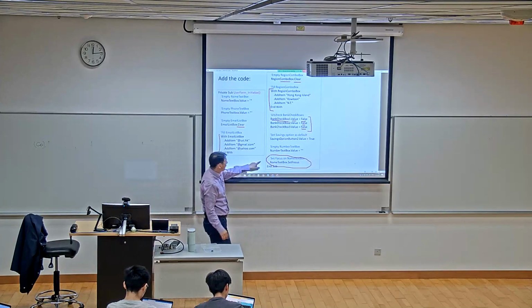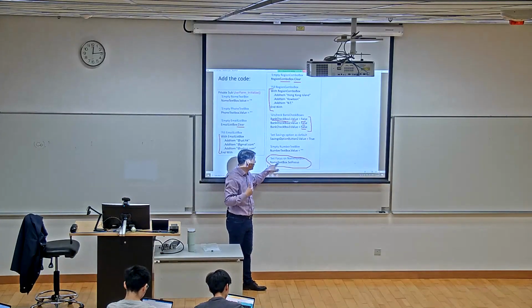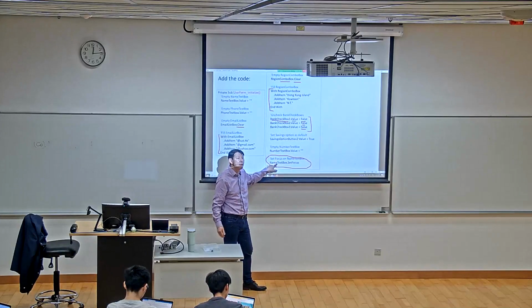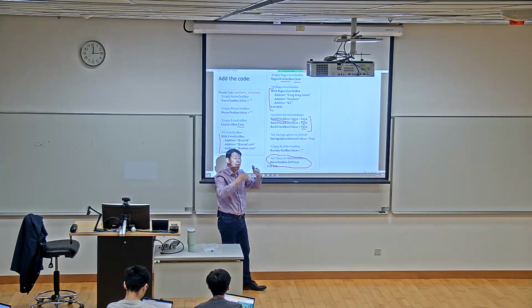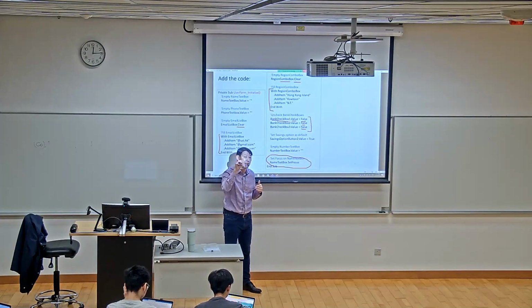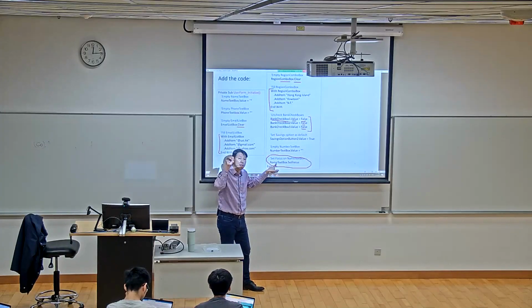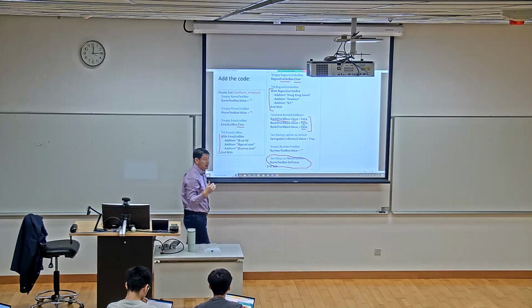Last time I also emphasized this one. Why do we need to do this? Do we have to have it? Yes. What is this? Once you have prepared the entire user form, the last thing you want to do is to set focus, to indicate where the user should start from.